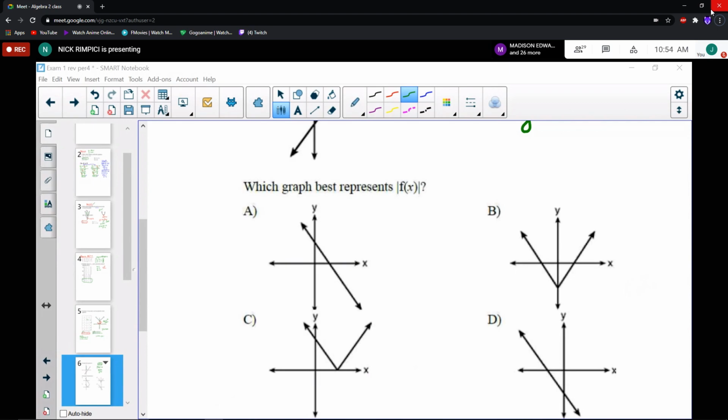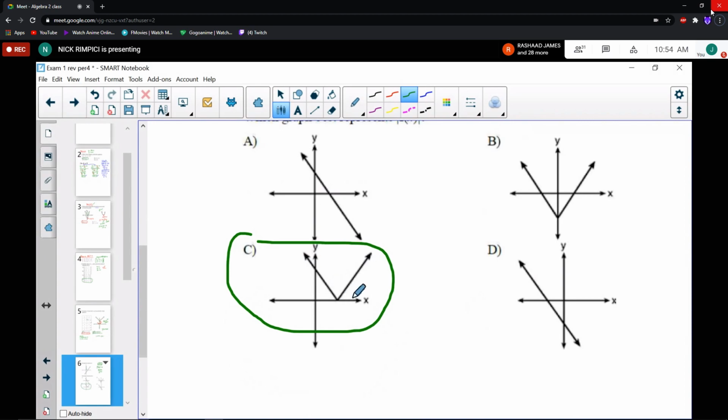Which one do you think is completely above the x-axis based on choices A, B, C, or D? If you look at A, is A completely above the x-axis? Is B completely above? Is C completely above or is D completely above? It's C. C? Yeah, okay. C. Yeah, I agree with that. C is completely above the x-axis, right?